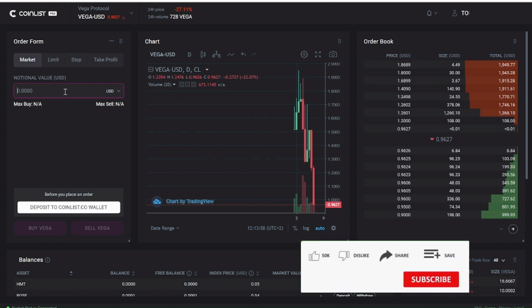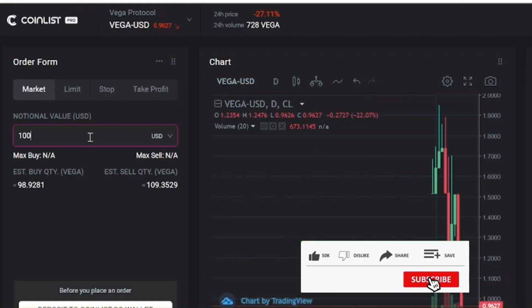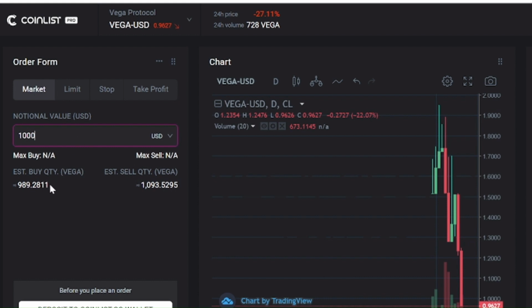This arbitrage exists. If I'm buying $1,000 worth of Vega token right now, I'll be paying, you see, estimate buy. I'll be getting 989.2811 worth of Vega token.